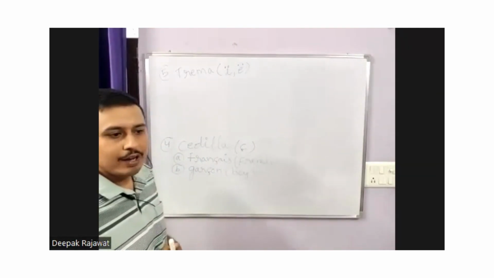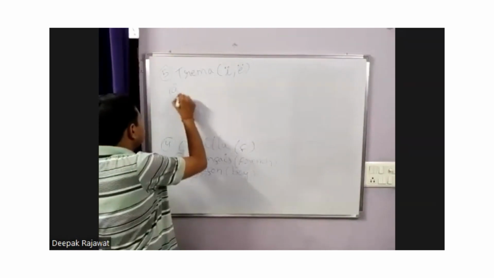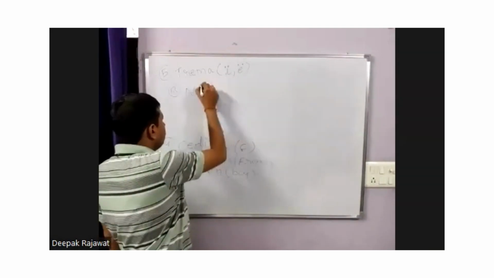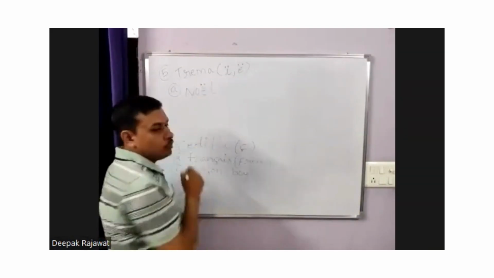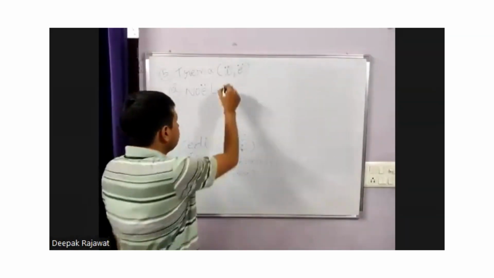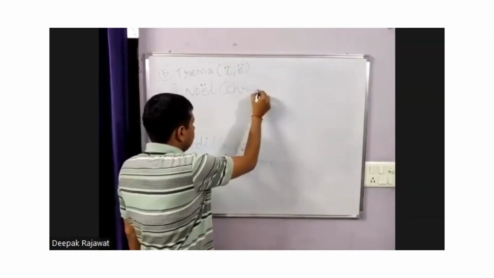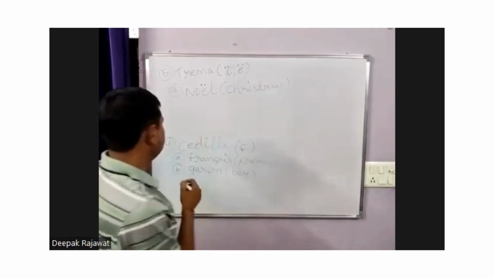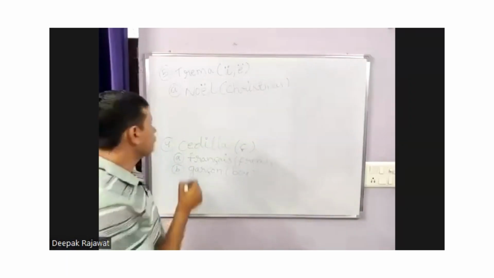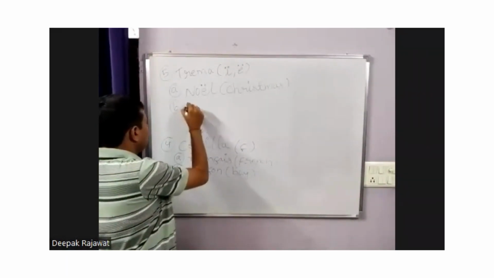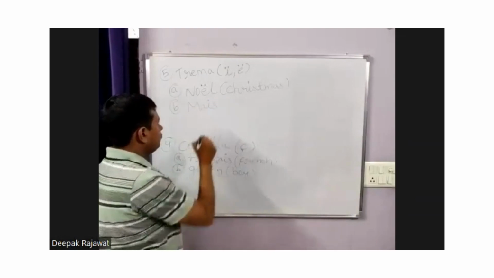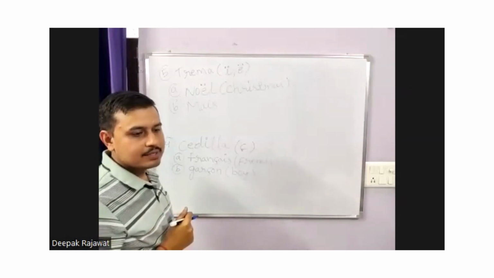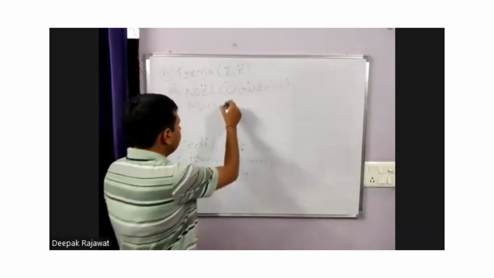Now we will going to take a few examples. Noel. Noel is Christmas. Then we have maïs. Maïs is corn.